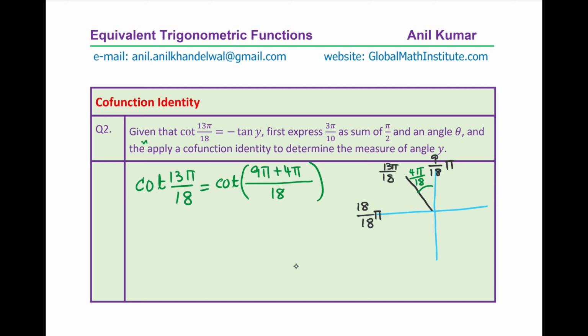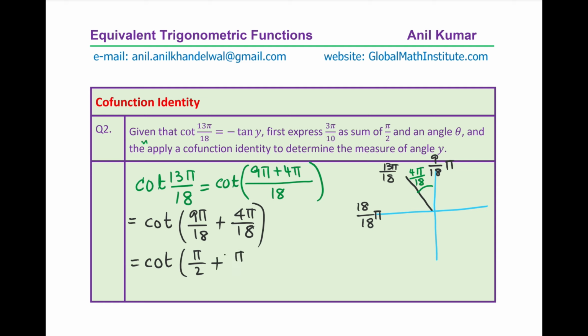And therefore, I could now write this as equal to cot of 9 pi by 18 plus 4 pi by 18, right. Now that is cot of pi by 2 plus, you can simplify this also. We get 2 pi by 9. Is that clear to you?